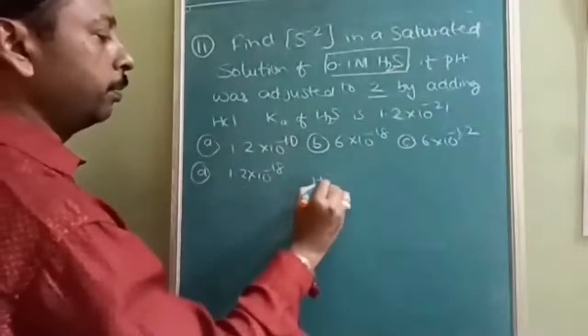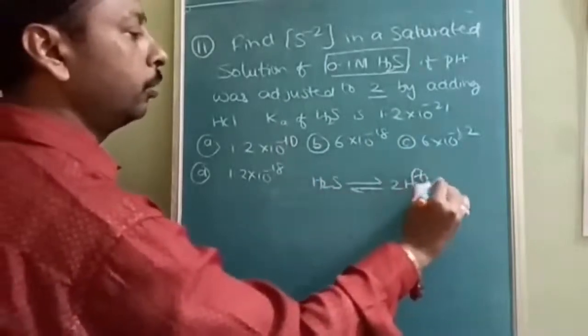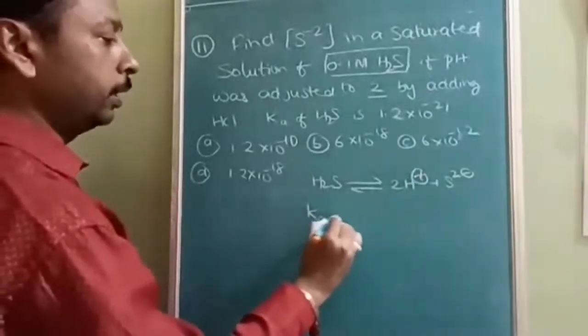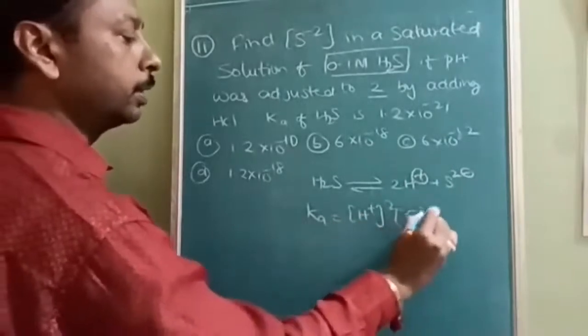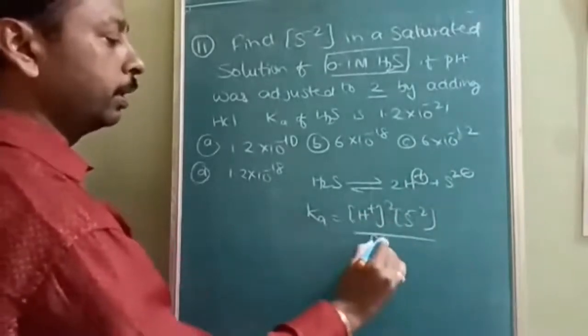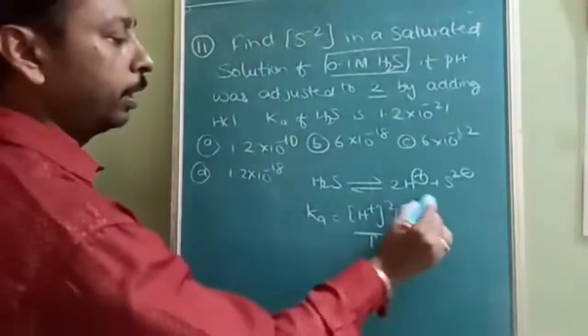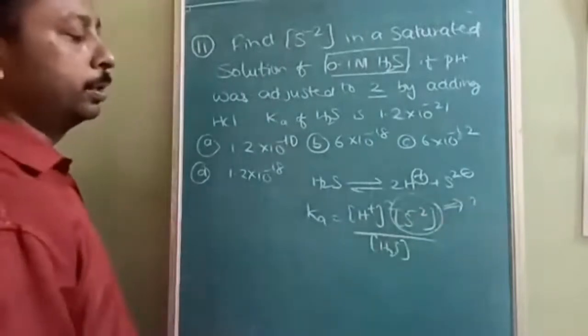H2S is a diprotic acid. H2S will dissociate to give 2H plus and S2 minus. So Ka is equal to concentration of H plus whole square into concentration of S2 minus divided by concentration of H2S, and we have to find the S2 minus concentration.